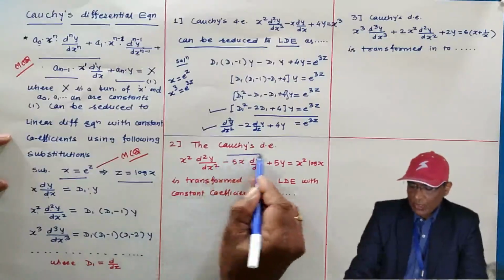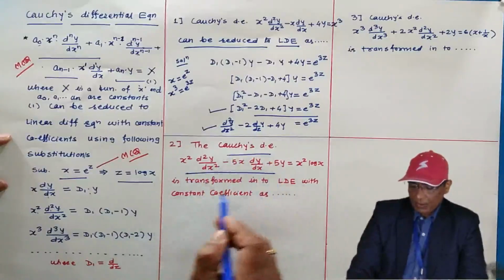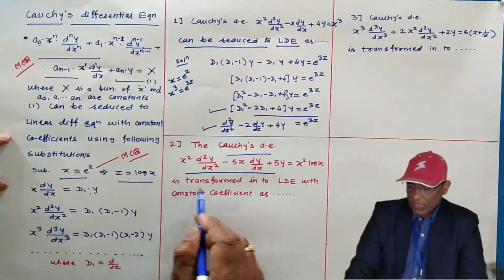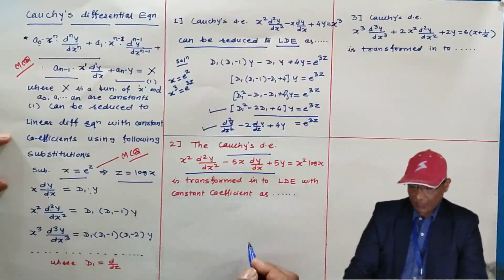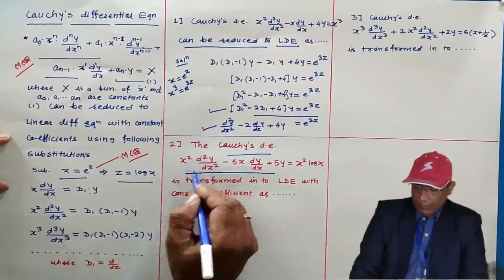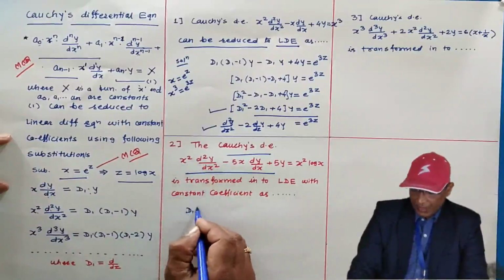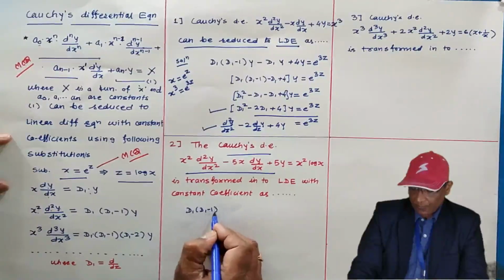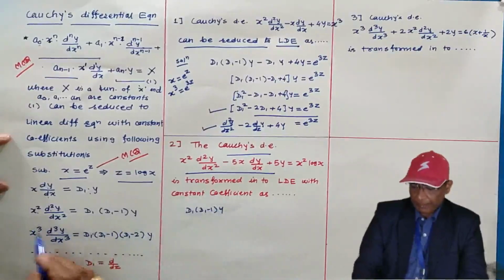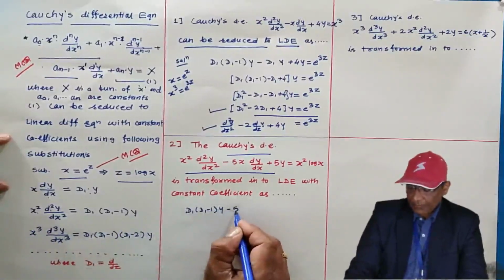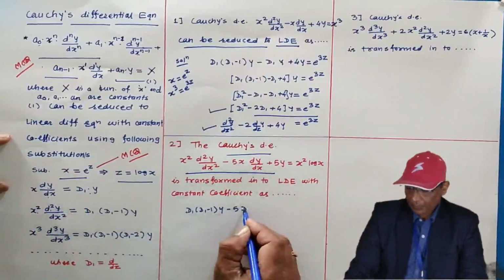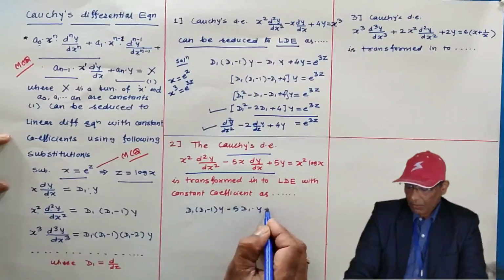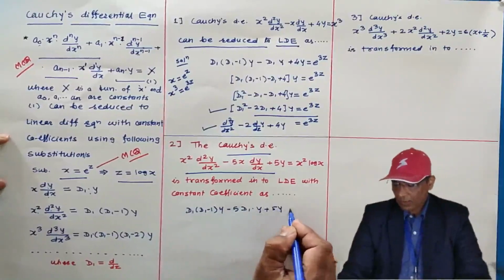Cauchy's differential equation is transformed into linear differential equation with constant coefficient as. So what to do? Replace this by D1(D1 minus 1)y. See here, minus 5. X dy by dx is replaced by D1y. 5y as it is.